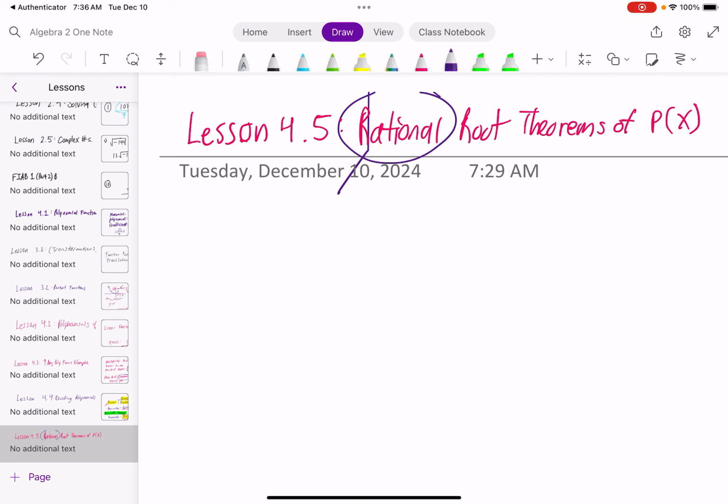Then we have this theorem, the rational root theorem. Roots, what do roots mean? Roots mean that these are like the x-intercepts, right? This is like if you have a graph, and let's say this is a cubic function, right?